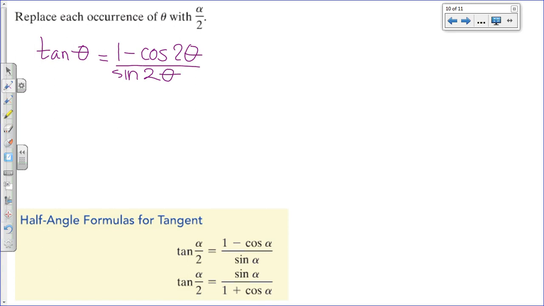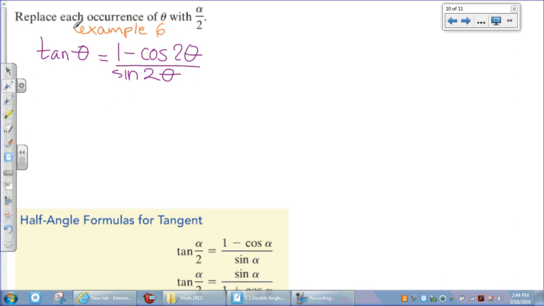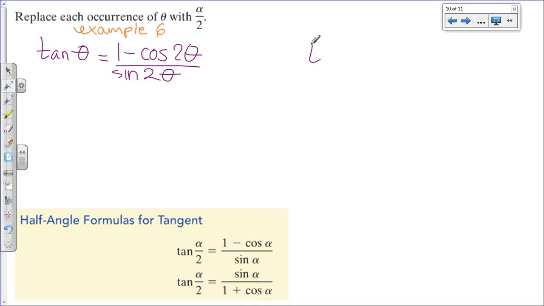So that came from example 6. Now I'm going to give you another expression similar to that one, and that was actually the checkpoint that we did, checkpoint 6. So we have tangent of theta is also equivalent to sine of 2 theta over 1 plus the cosine of 2 theta.